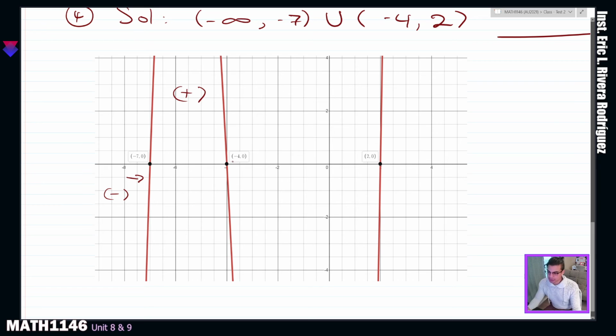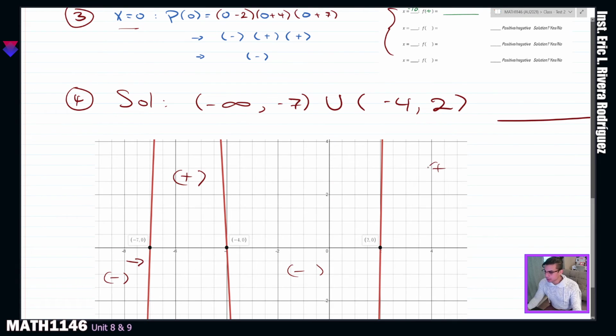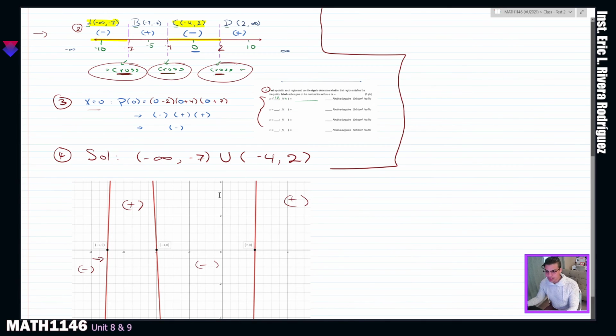Then we have -4, and between -4 and +2, the graph is below the x-axis, hence a negative value for the function, and to the right side is positive. See that without seeing the graph initially, we were able to identify the sign of the polynomial function values for each region.